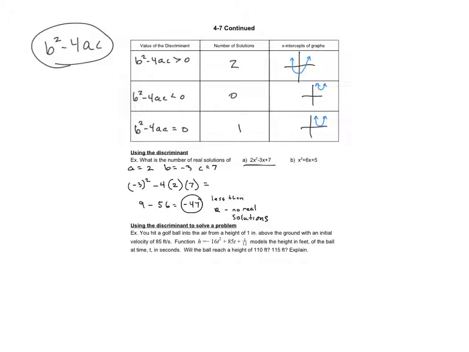On this next example, we're going to start off by doing our inverse operations and get it to x squared minus 6x minus 5, so A is equal to 1, B is equal to negative 6, and C is equal to negative 5.